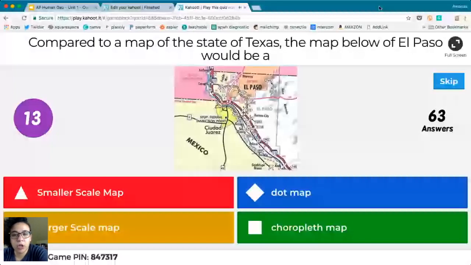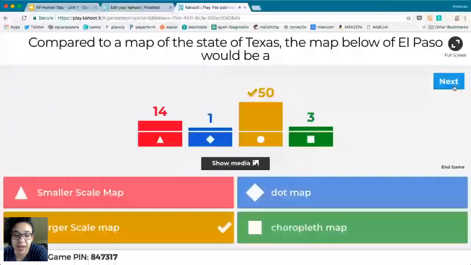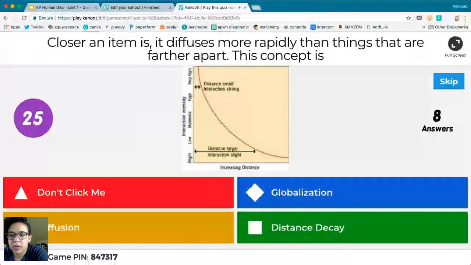Yep, so remember, larger scale is showing a smaller space, right? So that zoomed in is a larger scale map. All right, new first place.